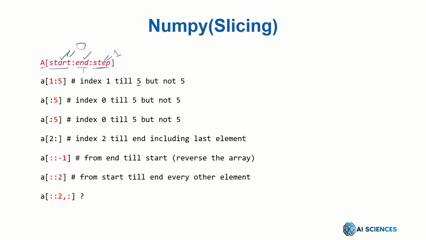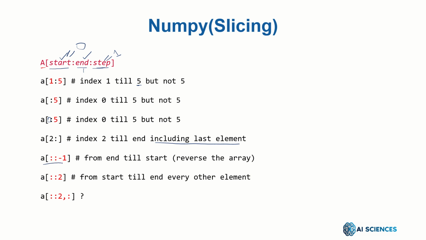This is the same as if we write a 0 there. Now if you have 2 colon something, 2 means the starting index, so start from index 2, colon nothing means go till the end, include the last element as well, and take the jump of 1.